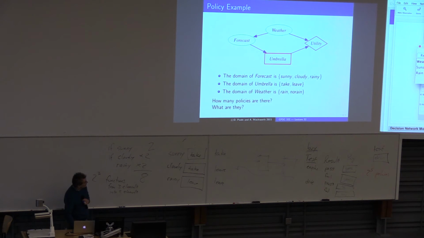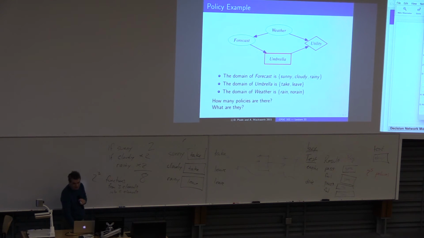It's sunshine with probability 0.7 and rain with 0.3. Then there's the conditional probability of forecast given weather. But this algorithm just treats them all as factors.